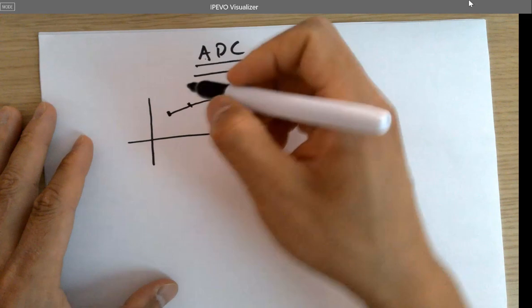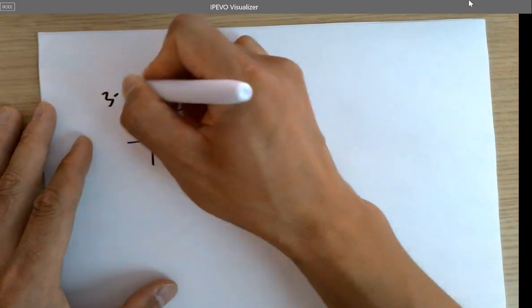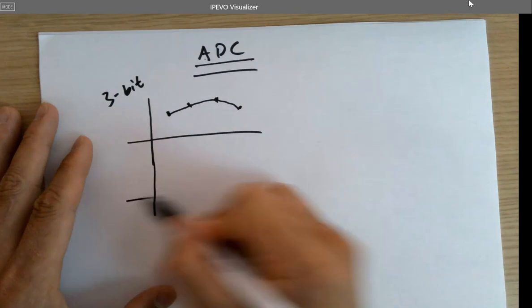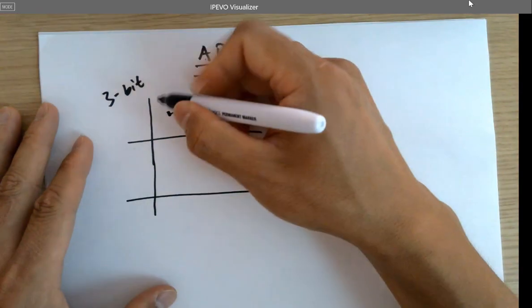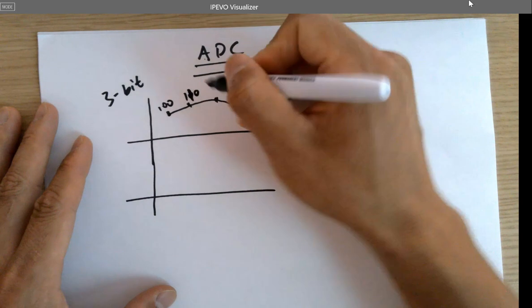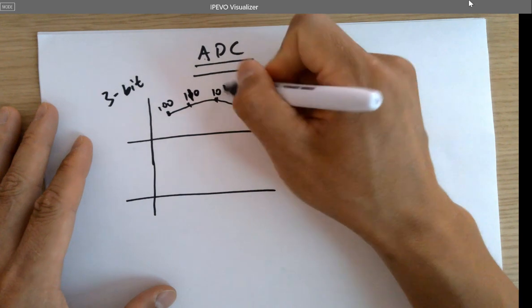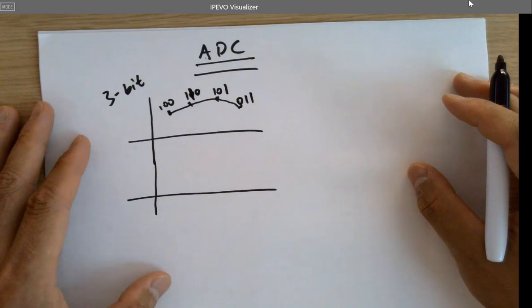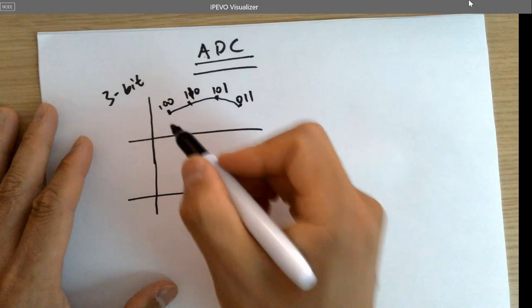And the ADC is able to convert them. If it's a 3-bit ADC, it's going to convert them into its digital form. If this point, for example, is 100, this is 110, for example, okay? This is 101, this is 011, in terms of volts.